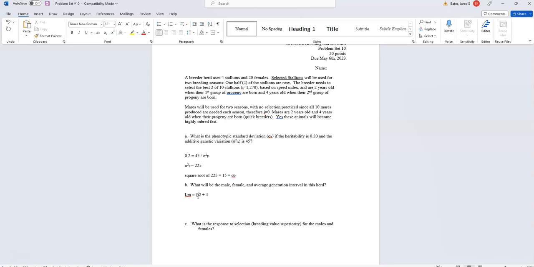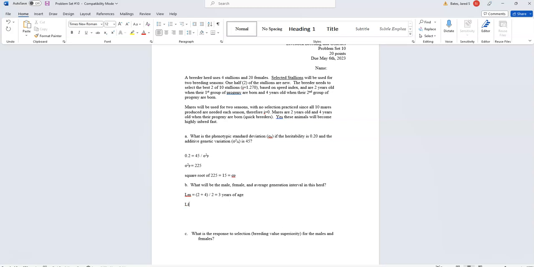I've just got 2 groups, so I'm going to divide that by 2.